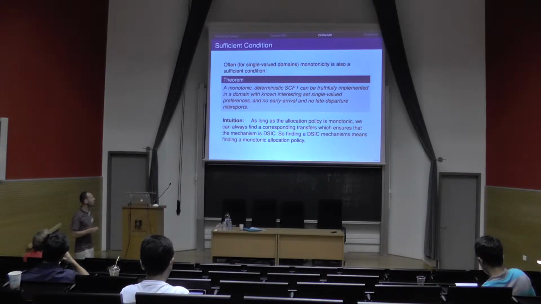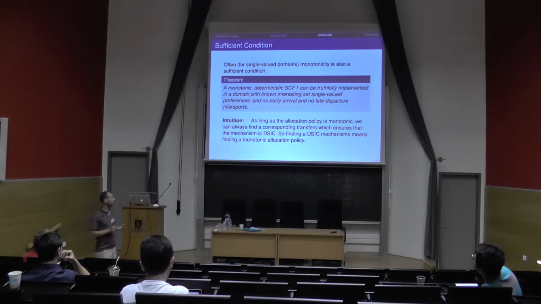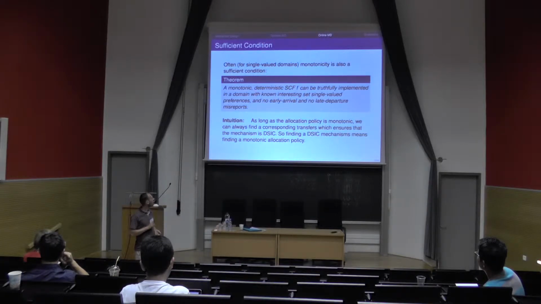So essentially we don't have to care about the payments too much, but we'll look at what these payments are in a bit. But the problem is not the payments, it's actually finding the allocation policy. And then there's a very easy way to find the corresponding payments. So we've reduced the problem quite considerably.